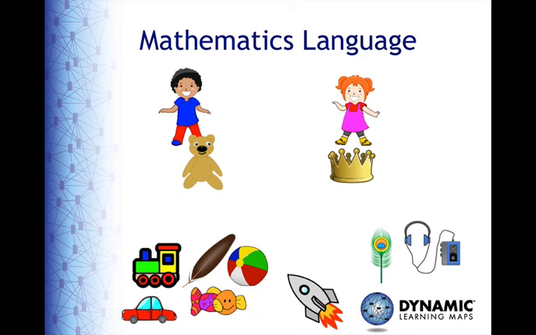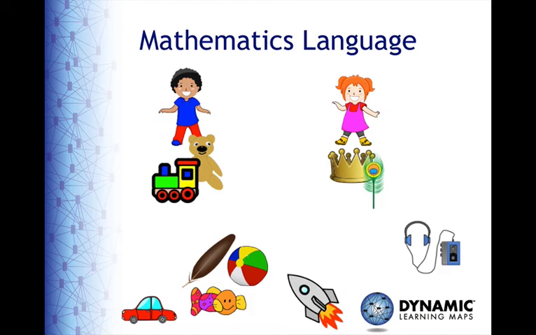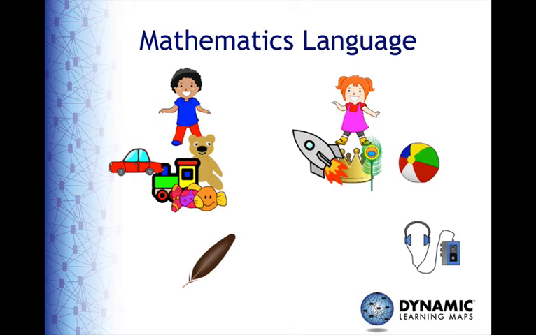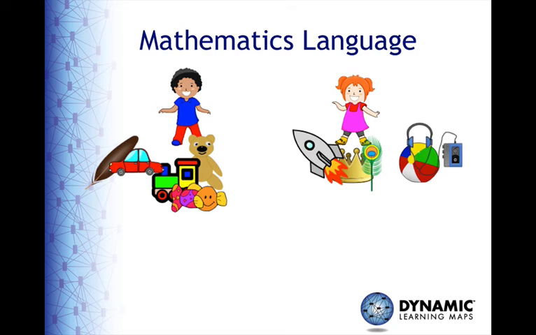It's fair. 2 for you and 2 for you. It's fair. 3 for you and 3 for you. 4 for you and 4 for you. 5 for you and 5 for you. How many items did you each get?